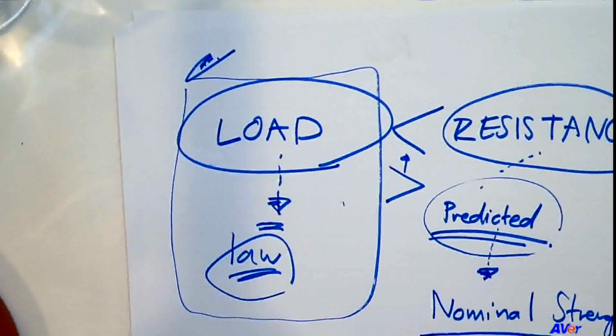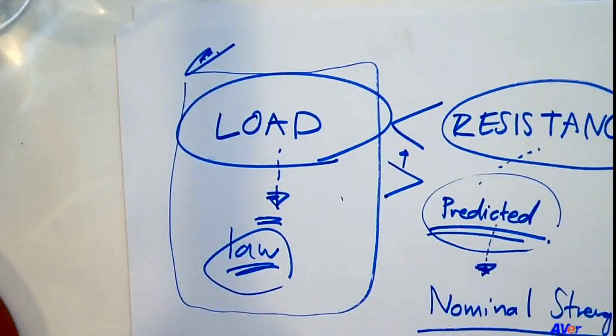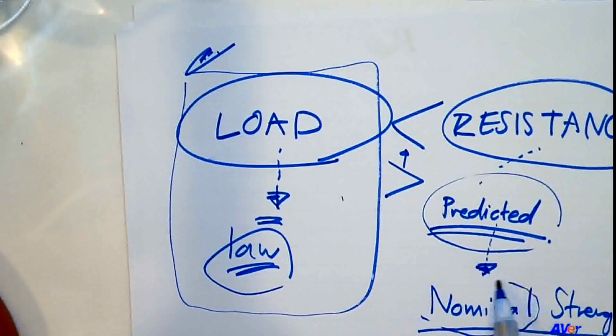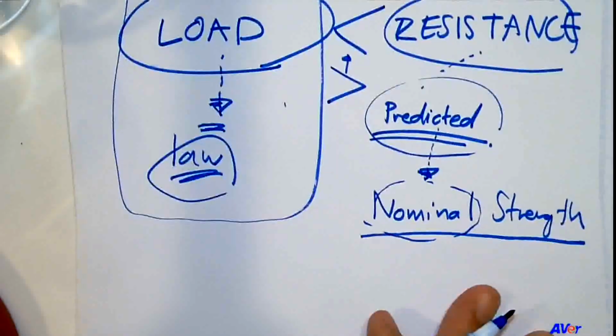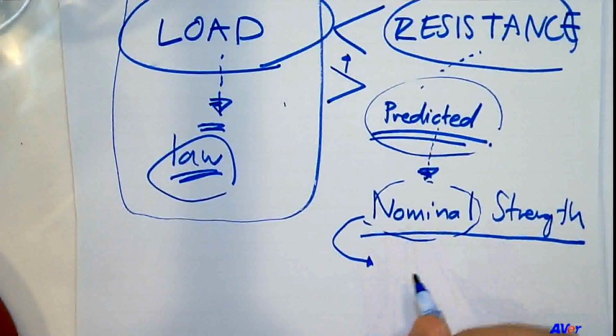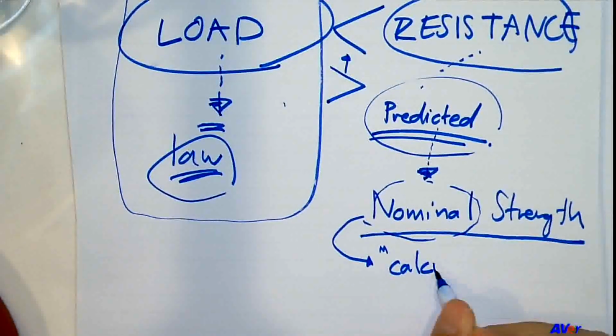Okay? So if you look into the dictionary, the word nominal will give you a lot of problems because I don't really know what it means. But the general meaning of the word nominal strength is the calculated strength.